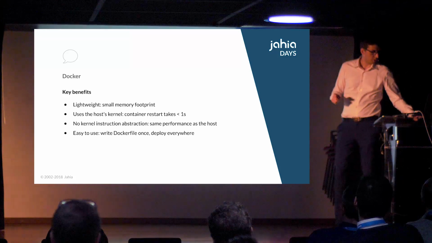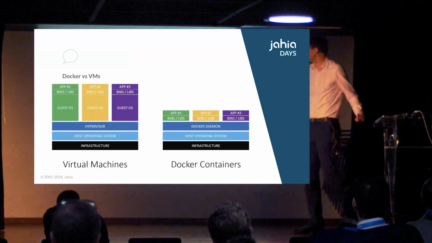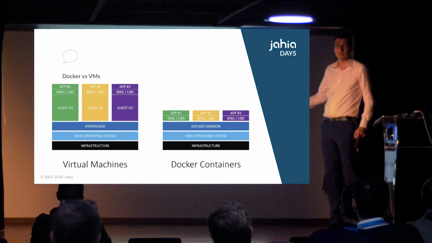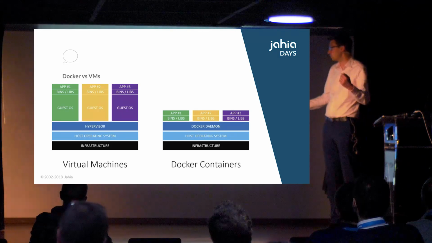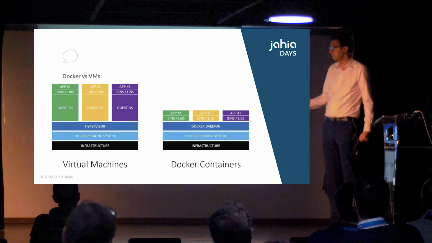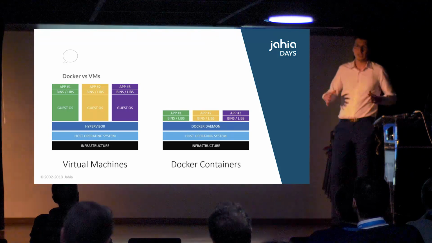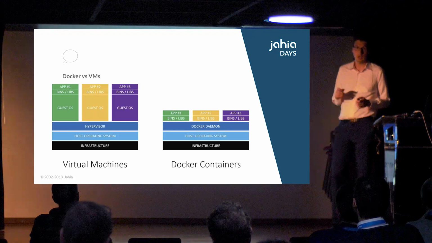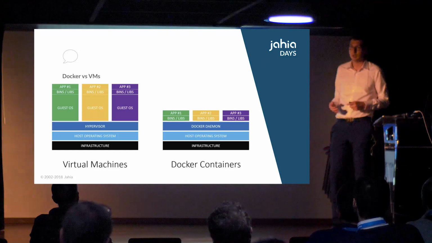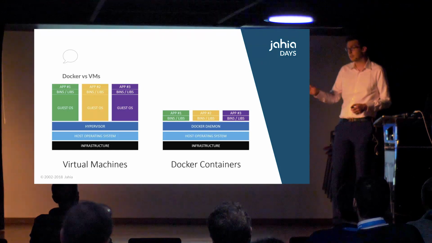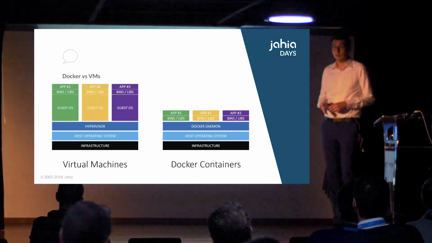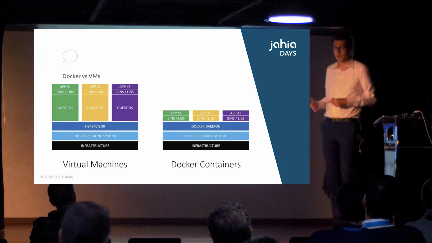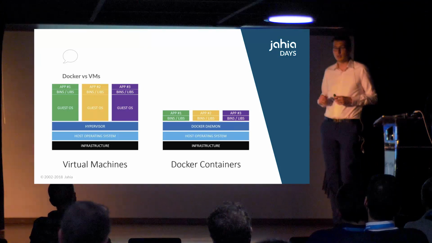Other difference on the Docker containers, you have to reinstantiate the operating system on each VM. So if you're running, I don't know, Debian, for instance, if you have 3 different applications running on VMs, you have 3 Debian distributions mounted using 3 times the memory, file system, etc. On Docker, everything is mounted directly in the Docker engine, so you don't have to reinstantiate your operating system each time.